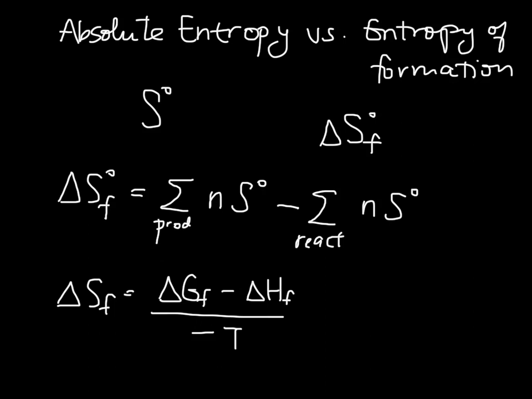So these things here are tabulated. You could find those. This is tabulated. This is tabulated. These are usually not tabulated, and so you need to calculate it using one of these two approaches. Okay, so the next thing that we know how to calculate is the delta H of a reaction.